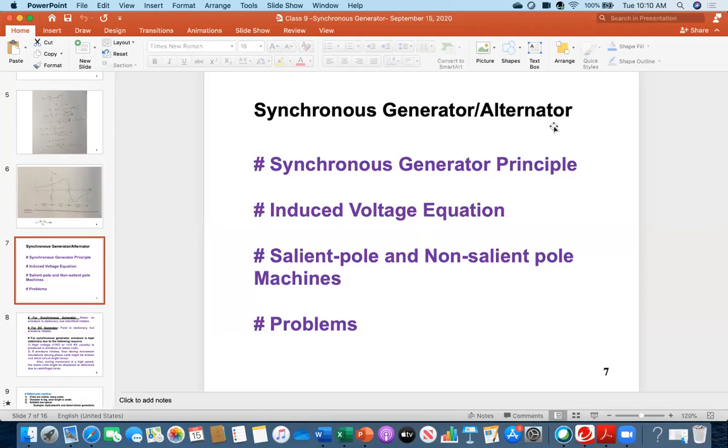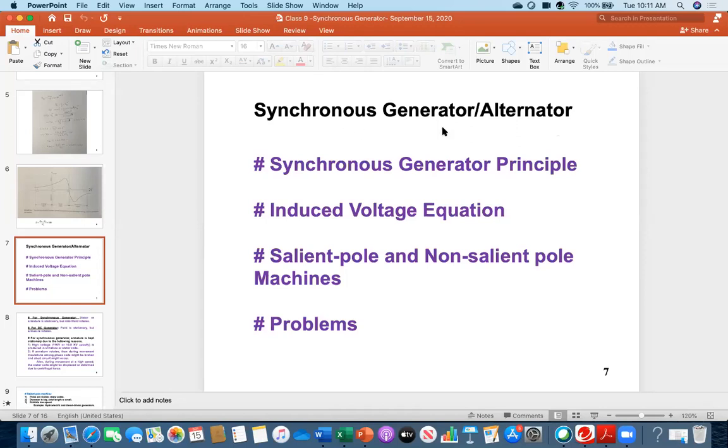By alternator, you will keep in mind that it is the synchronous generator. Mainly this is used, but in some books or journal articles, you might get the keyword alternator, meaning the AC generator and synchronous generator.